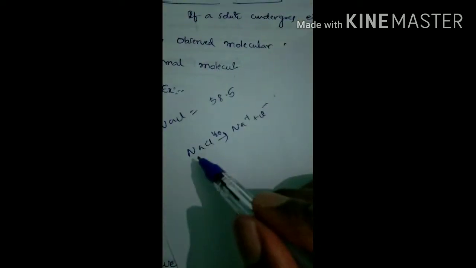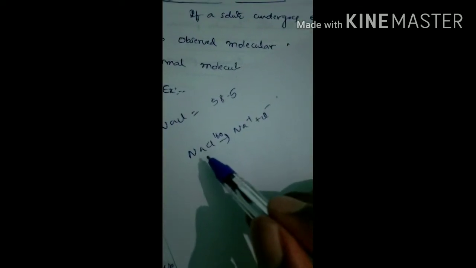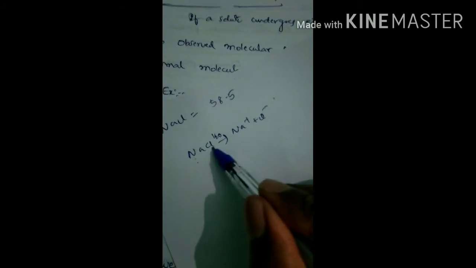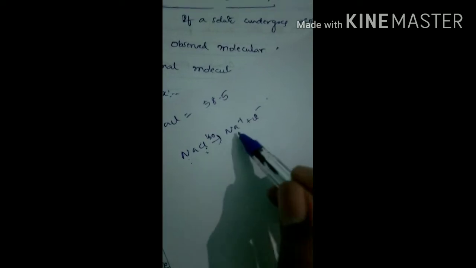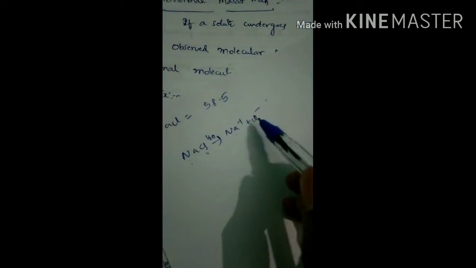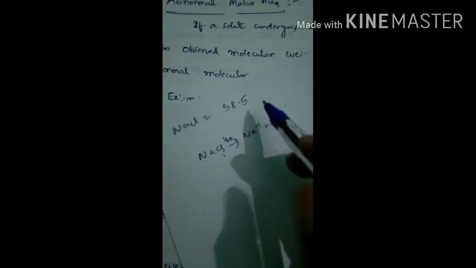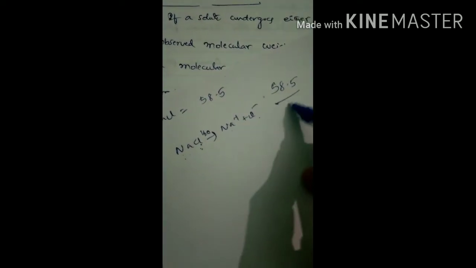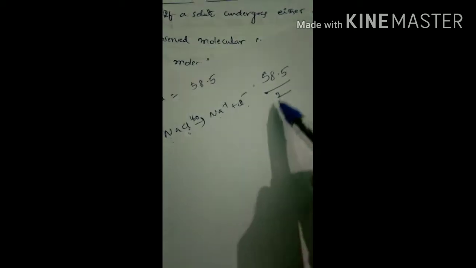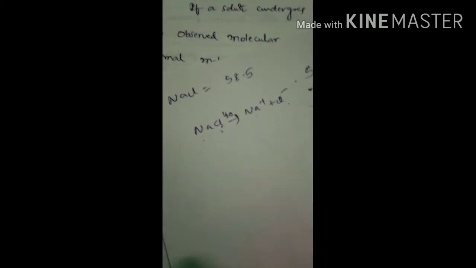Before the reaction we have only one NaCl, that means one molecule, one particle. After the reaction we have two particles. So its molecular weight becomes 58.5 by 2.